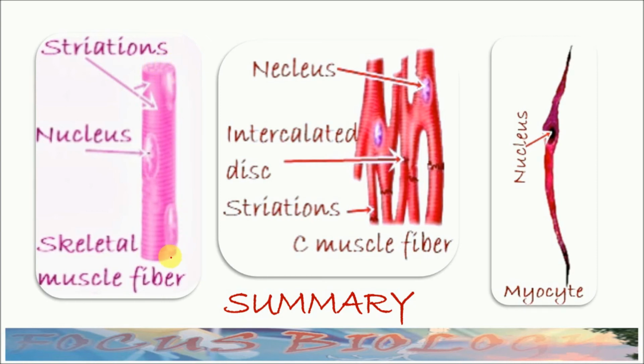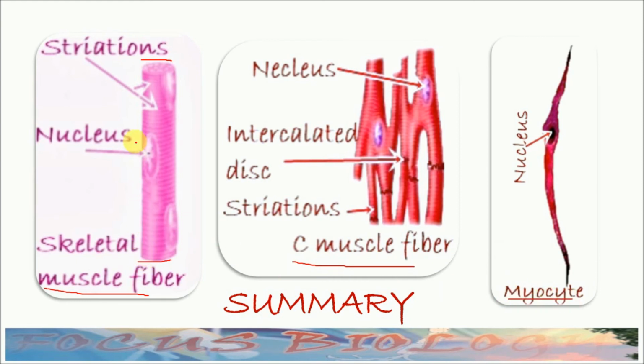The diameter of both ends is almost same. This is a skeletal muscle fiber, this is cardiac muscle fiber, and this is a smooth muscle fiber.